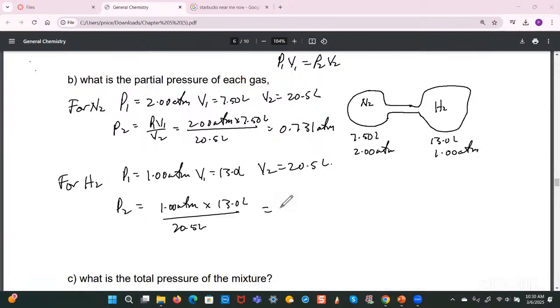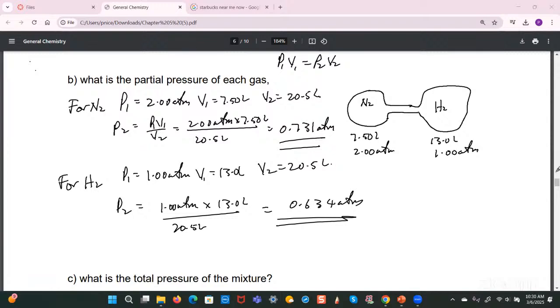According to my calculations, this works out to be equal to 0.634 atmospheres. So these are the two answers to that question, the partial pressure of each gas. All right? Any questions?